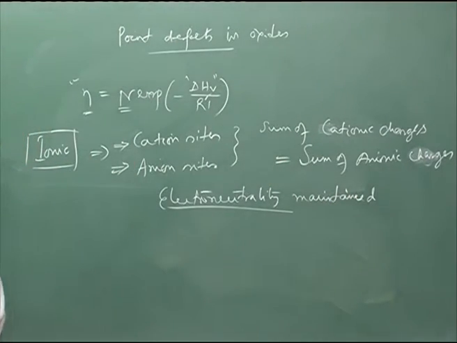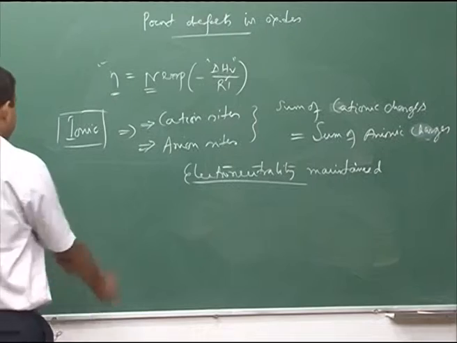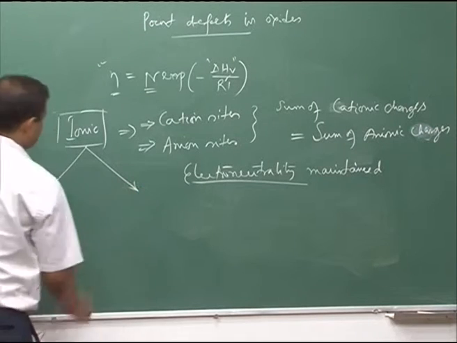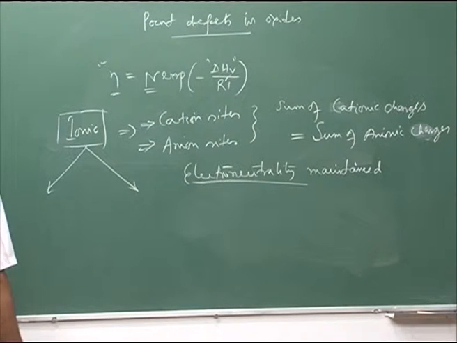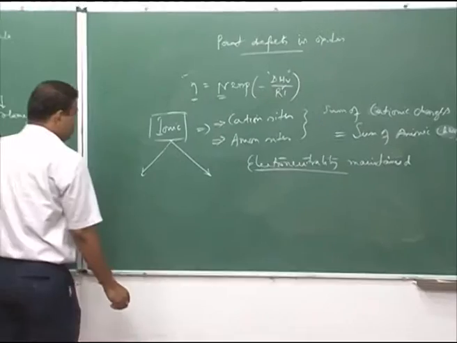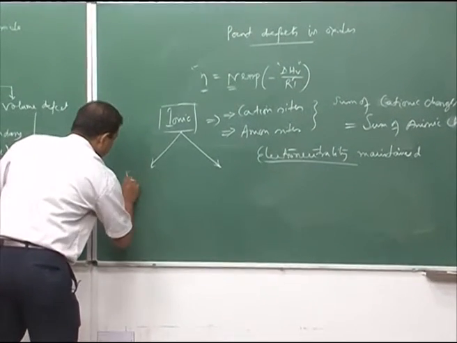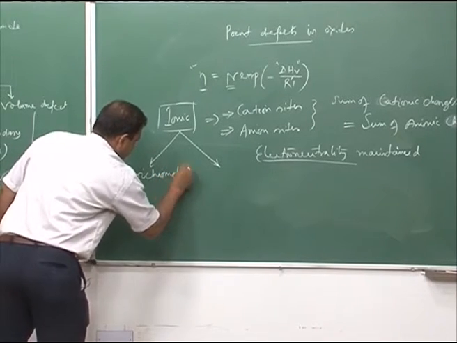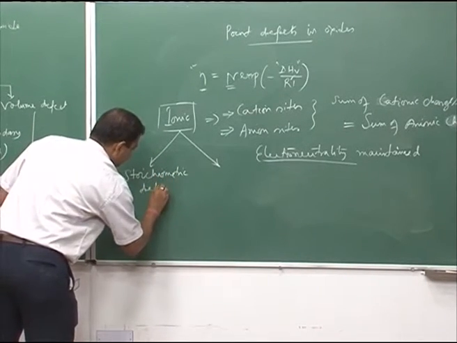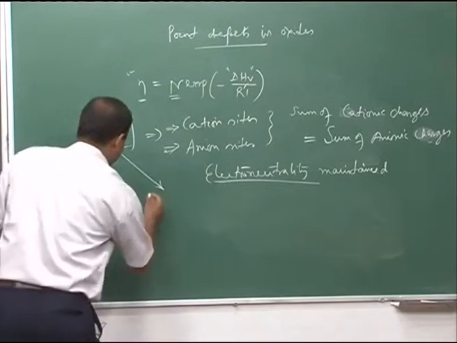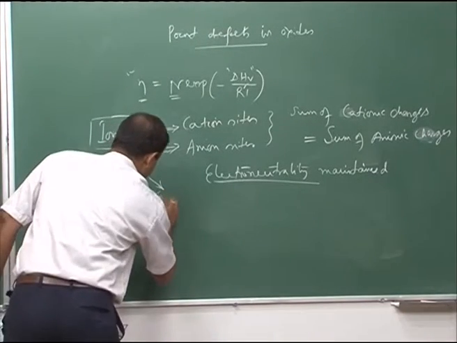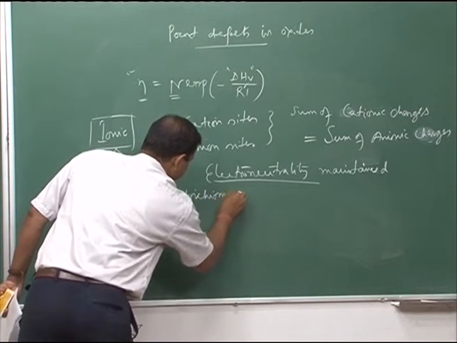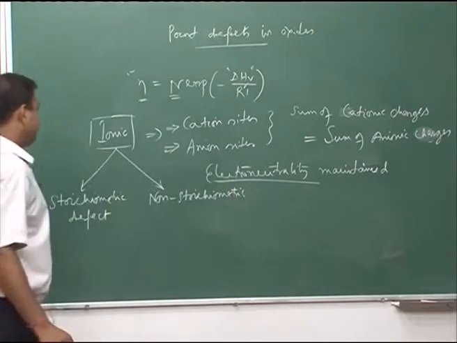Now, in the case of oxides, we can divide the point defects into two segments. One is stoichiometric defect, and then we have non-stoichiometric defect.